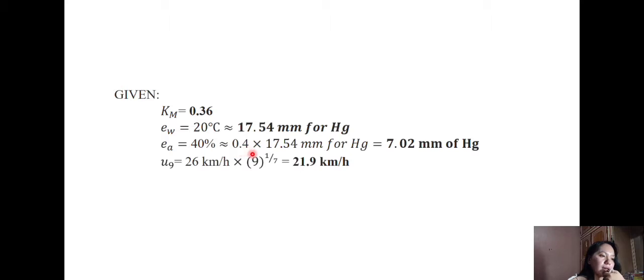Then multiplied by 17.54, it is equal to 7.2 millimeter of mercury. In U sub 9, 16 kilometer per hour multiplied by 9 raised to the power of 1/7 is equal to 21.9 kilometer per hour.